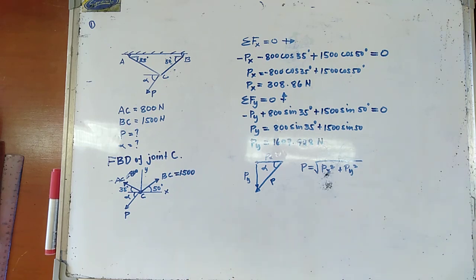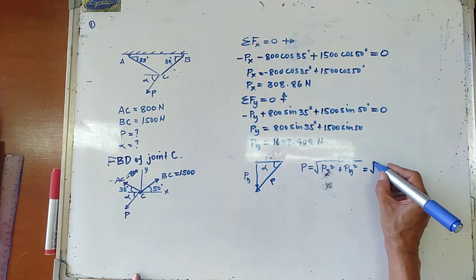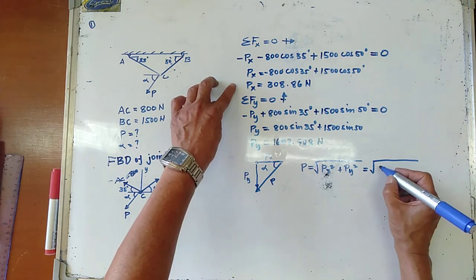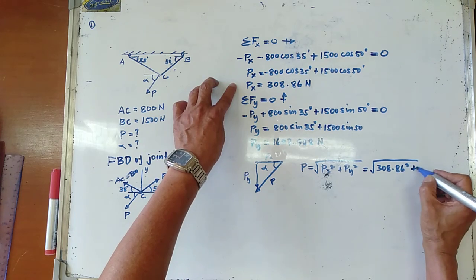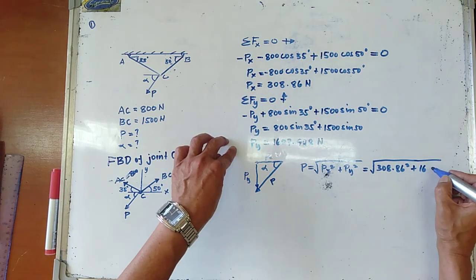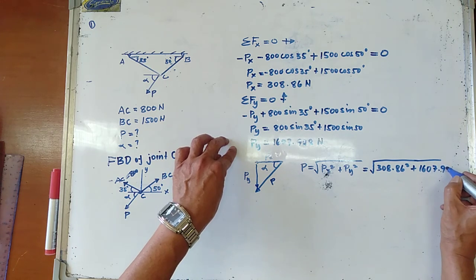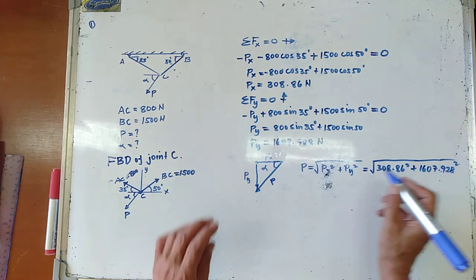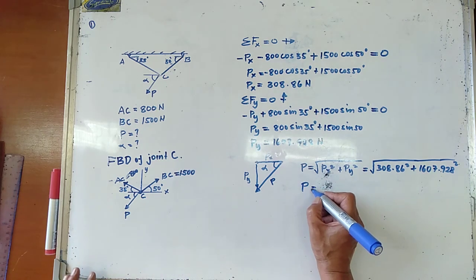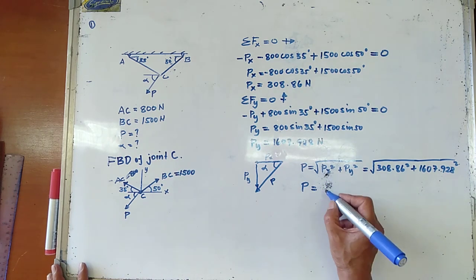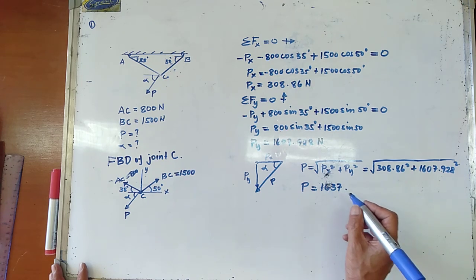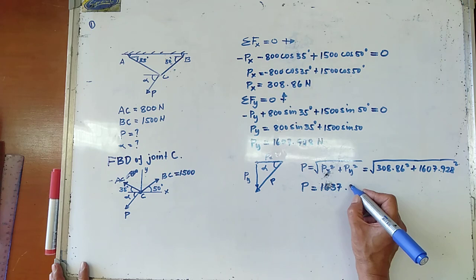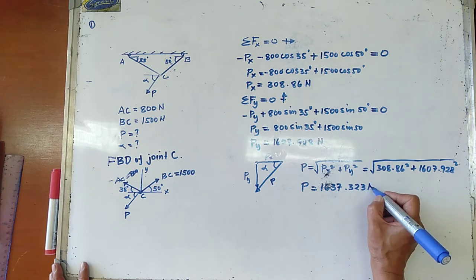So this is equal to the square root of 308.86 squared plus 1607.928 squared. So that the value of P is equal to 1637.323 newtons.